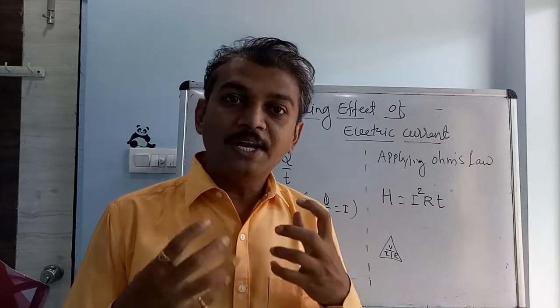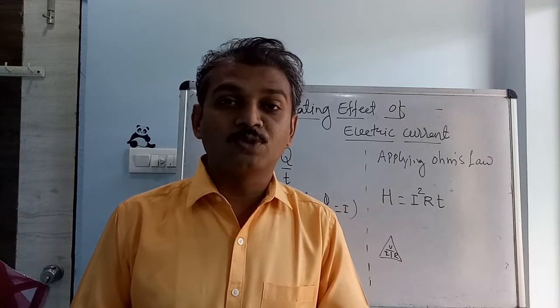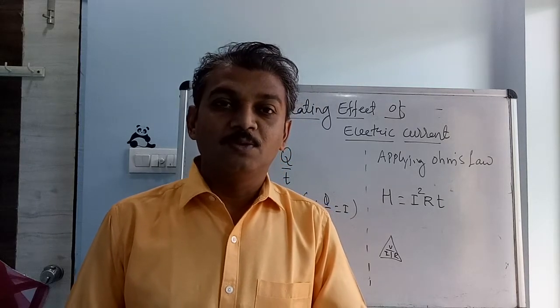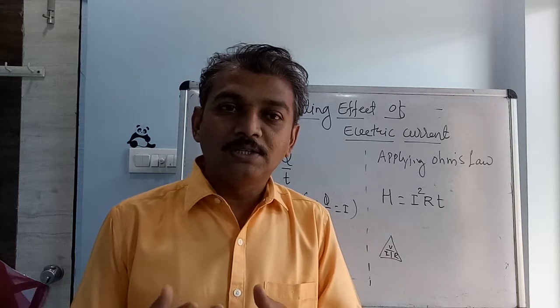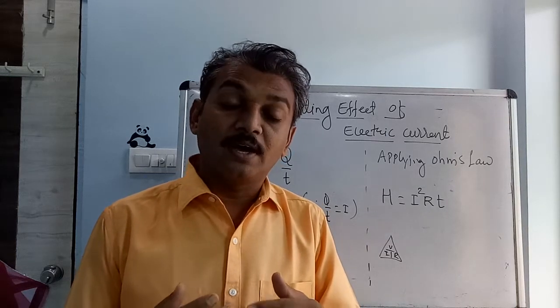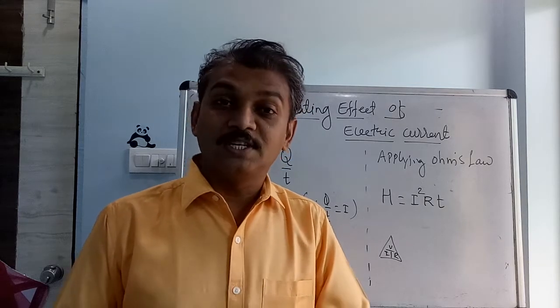Then the very important point of this lesson we came upon, that was Ohm's law. V is directly proportional to I, and to solve it we made it V is equal to IR. R, resistance. We have put a constant in it.